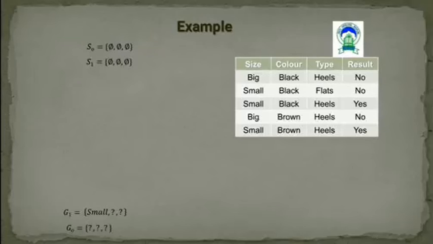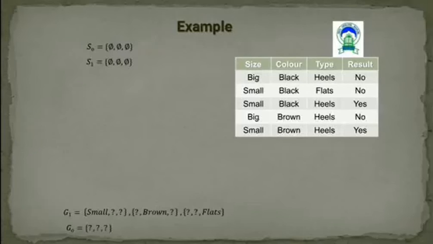We have two more parts, right? So it will become question mark, brown, and question mark, as the opposite of black is brown. Now let's get to the third attribute. It will become question mark, question mark, and flats, as it is the opposite of hills. Now case 1 is completed. Now let's get to the S2 part.